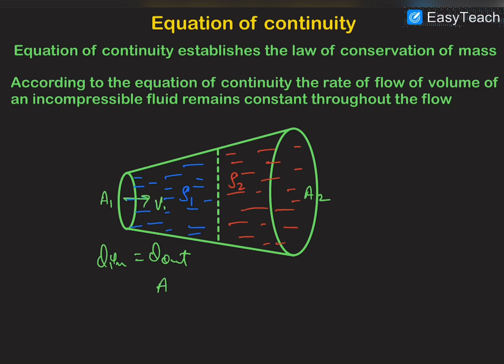Here the velocity of liquid flow is V1 and here the velocity is V2. So we will say that A1 V1 will be equal to A2 V2. So this is the equation of continuity in the case when the density is not the same, or the liquids filled in the pipe are not the same.